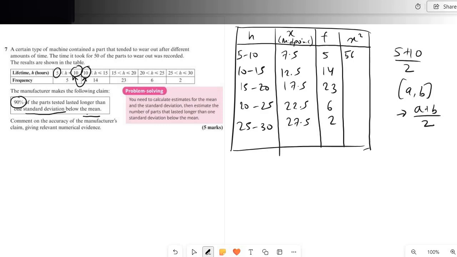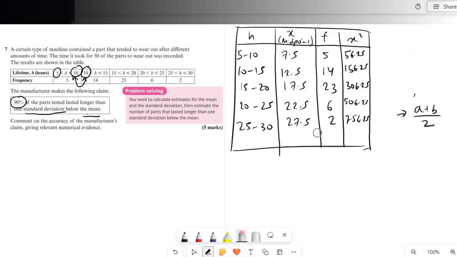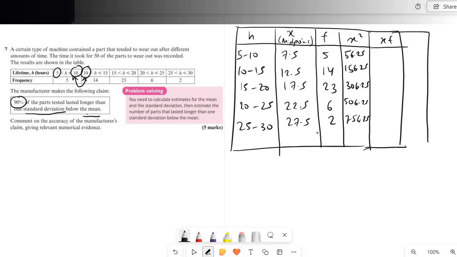So this is going to be 56.25, then 156.25, similarly 306.25, then 506.25, 756.25, and we have calculated the values of x squared. Now we can add another column, or rather two columns, to include xf as well as x squared f.